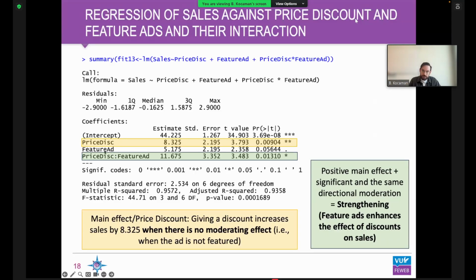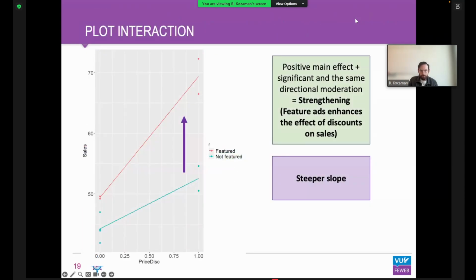We are not necessarily interested in the main effect of the feature add. We are interested in the effect of feature add on the direct effect between price discount and sales. So you will always have this conceptual definition of the moderation when you add it into a regression model, and that will also inform you about which of the main effects you want to look at to compare with the moderation effect. Does that make sense?